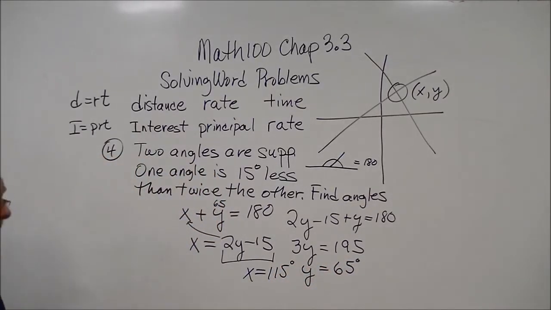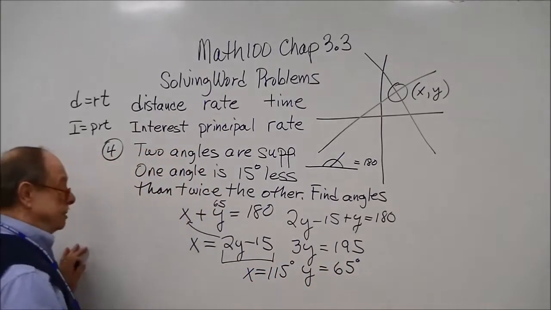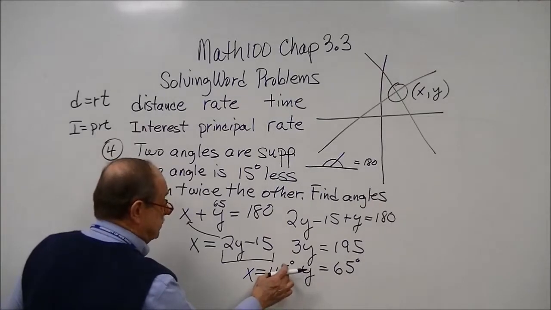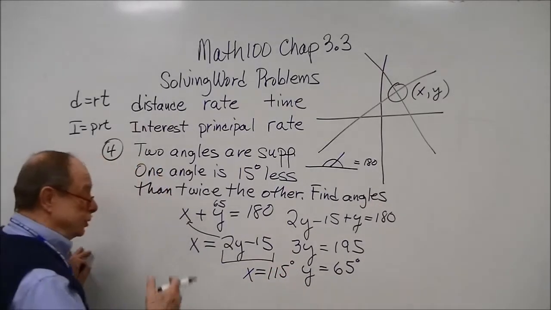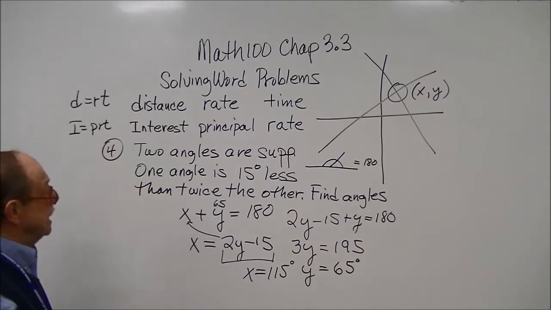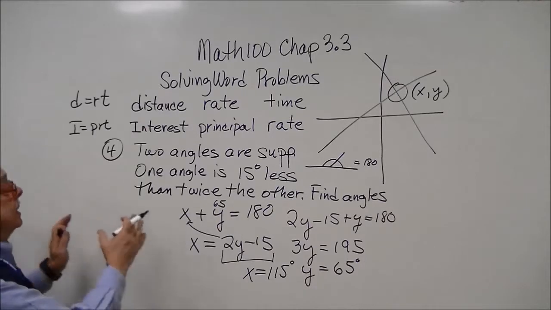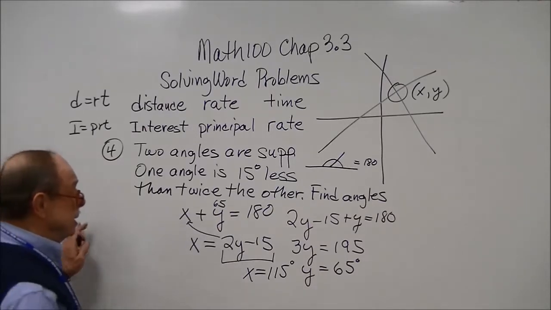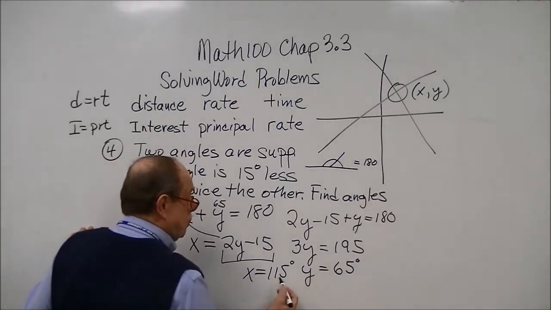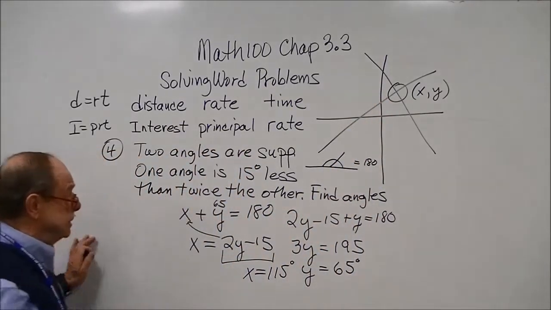I wouldn't take off on a test if you forgot the degrees, but probably in math lab they'll give you a little box where you put this in and then the degree sign is there already. Once again, if you need to review this, just back up the tape and watch it again. So again, this would be our ordered pair where these two lines intersect.